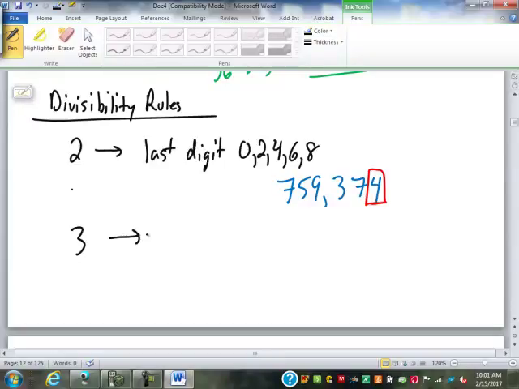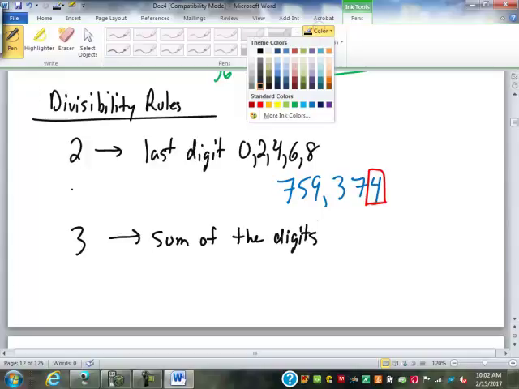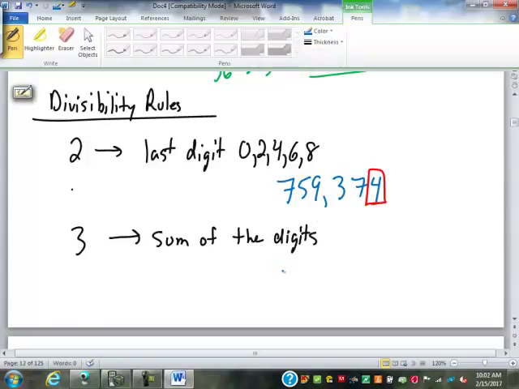If I want to know if a number is divisible by 3, does anybody know what the divisibility rule for 3 is? We look at the sum of the digits. I had to adjust my number a little bit there to make this one work.